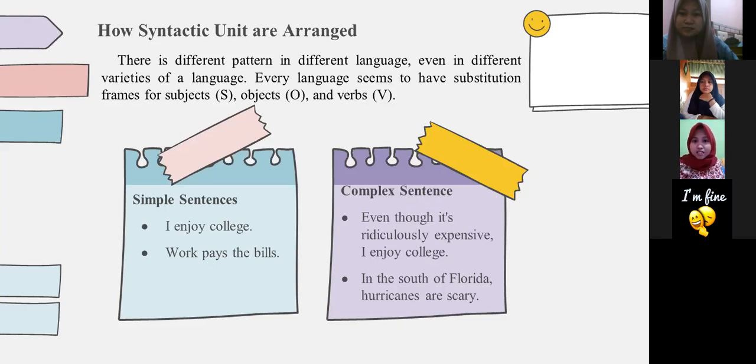How syntactic units are arranged. There are different patterns in different languages, even in different varieties of a language. Every language seems to have substitution frames for subject, object, and verbs. Syntax is the order or arrangement of words and phrases to form proper sentences.